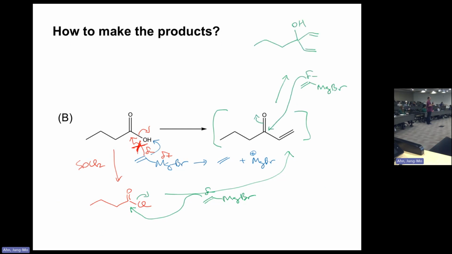Another Grignard makes an attack, and then you get the tertiary alcohol. That's a problem with the Grignard with the acid chloride. The reaction doesn't stop with ketones. So what do you do? The reagent we just talked about, the cuprate. Cuprate is a milder nucleophile that reacts with the chlorine once, and you make this, and the reaction stops right there. So that is something that we discussed today.